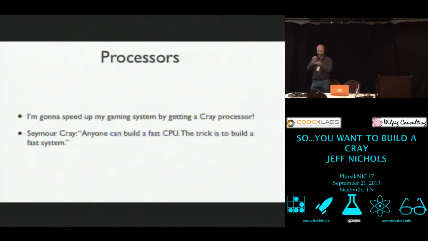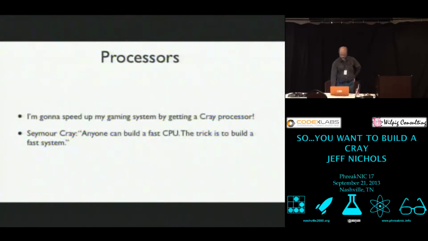He was meticulous about all the other pieces that go into making a system fast. You can make a really fast processor, but you can starve it in so many ways that your throughput is nothing. And so that was his thing. Somewhere in the early 70s, he was at CDC.